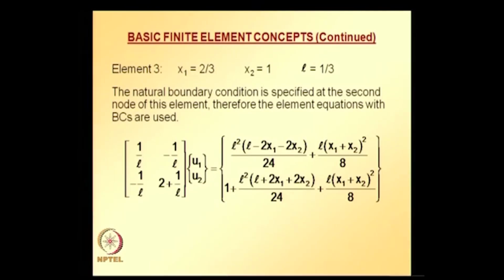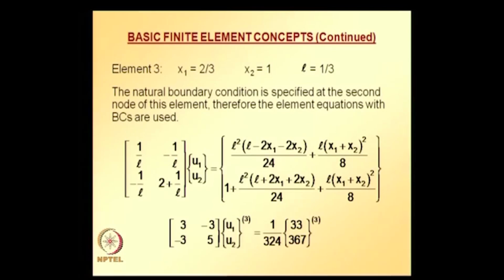Here natural boundary condition is specified at the second node of this element, therefore, element equation with BCs are used here, and plugging into this equation system x1, x2 values and length of the element, we get element equations for element 3. So, we are looking for a 3 element solution. We got element equations for element 1, element 2 and element 3.